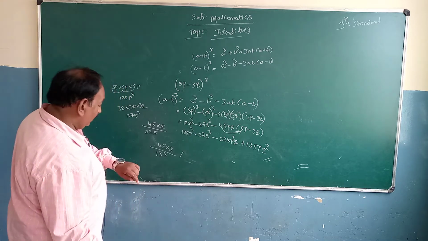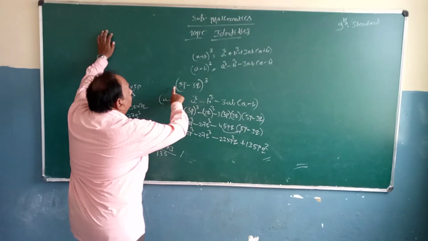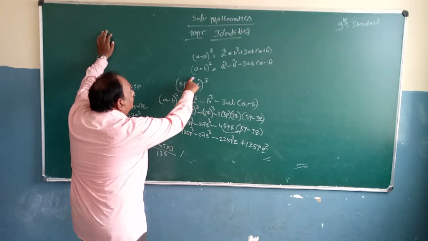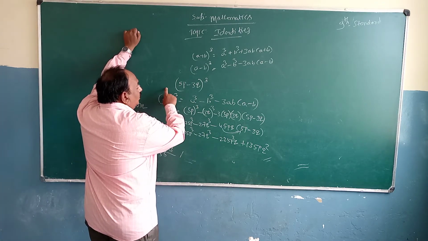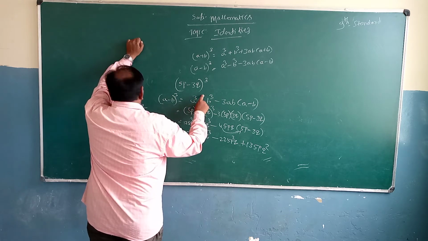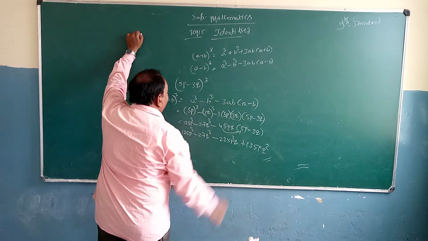What is the expansion again? The expansion of 5p minus 3q whole cube. This is of the form a minus b whole cube, a cube minus b cube minus 3ab into a minus b.